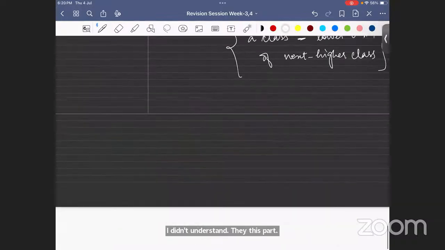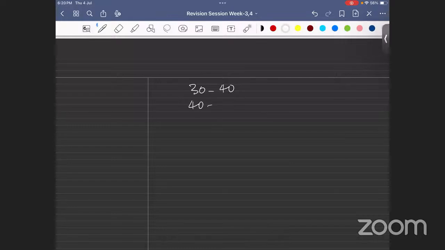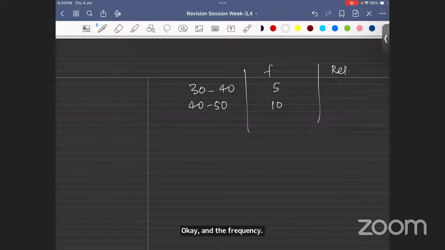No, there is nothing. See, what I was saying is if we have an organized data set somewhat like this, 30 to 40, 40 to 50, and the frequency is 5 and 10. So relative frequency would be 5 upon 15 and 10 upon 15.